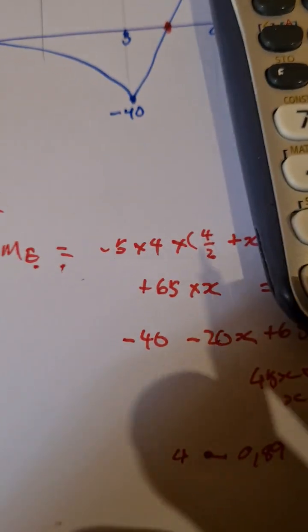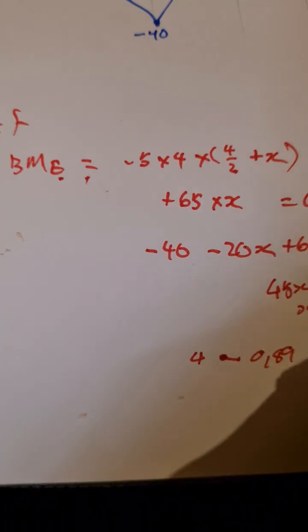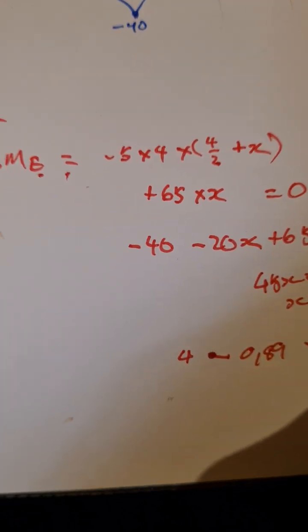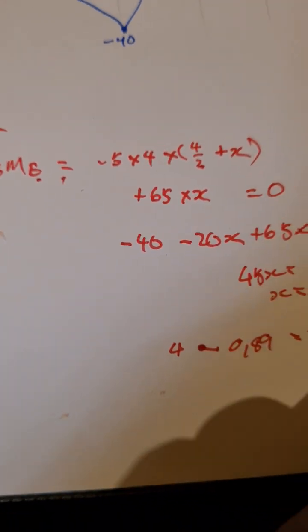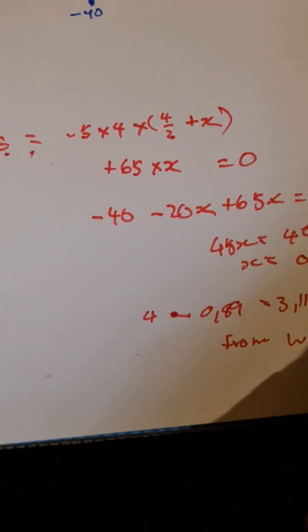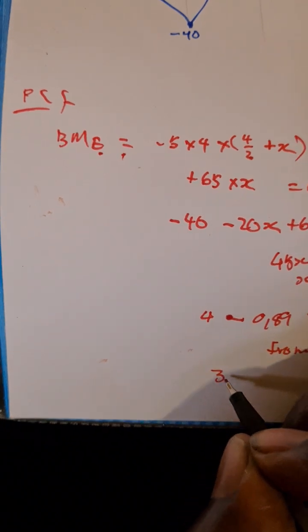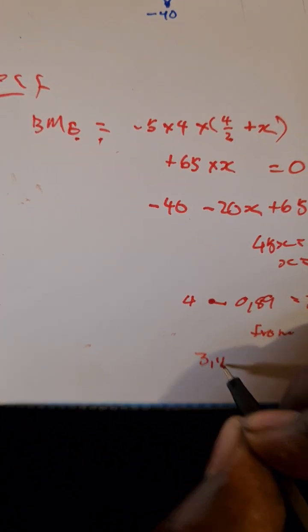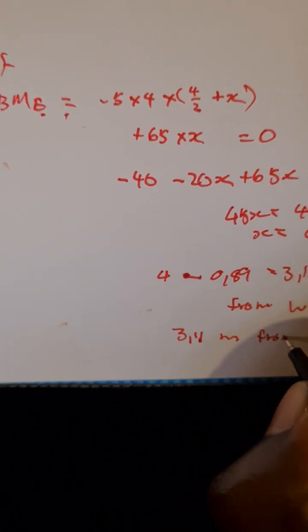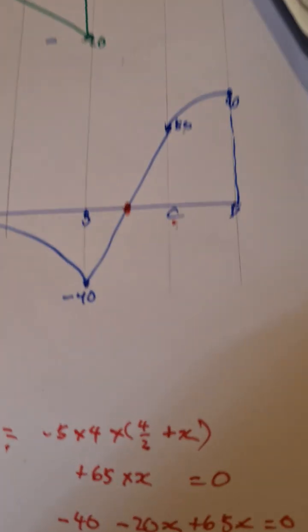So 4 minus 0.89, 3.11 meters from the wall. So yeah, so it's gonna be 3.11 meters from the wall. This is our PCF. Let me just confirm it.